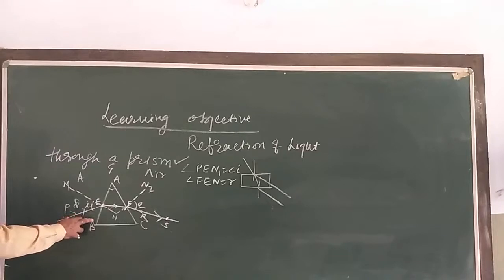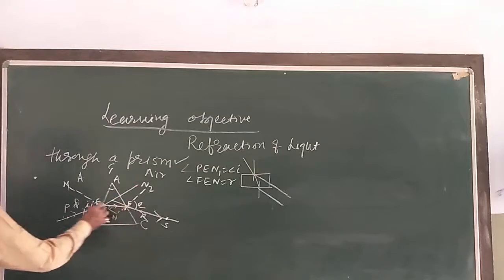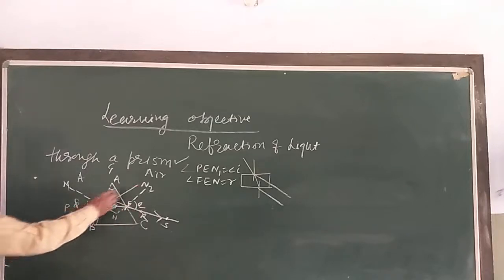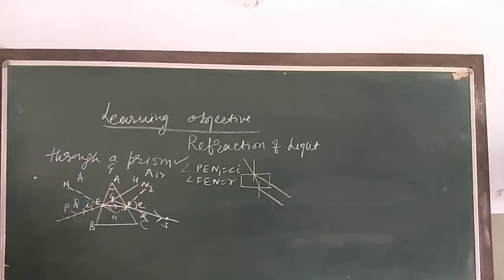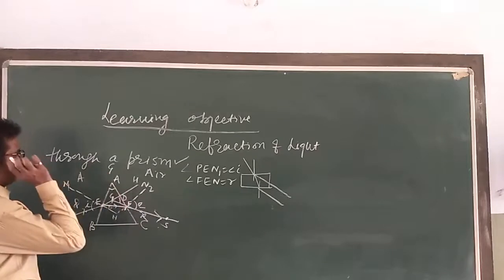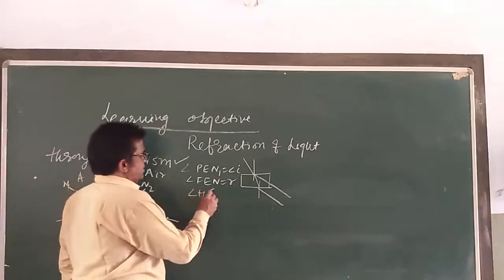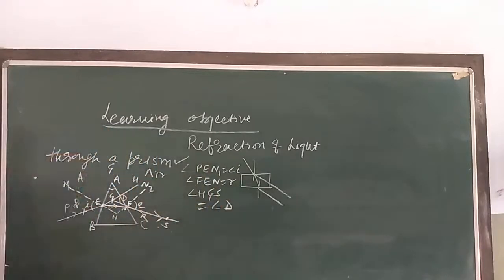The path of the ray deviates through an angle. Extend this forward, and extend this backward. See, when extended forward from E it reaches G. So the angle HGS is called the angle of deviation, D, on passing through the prism.